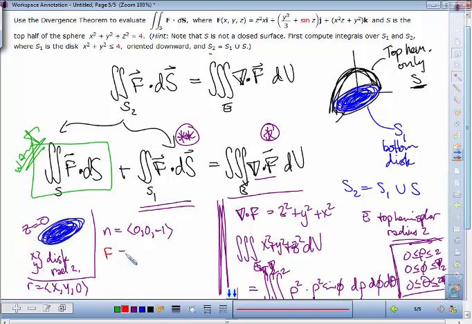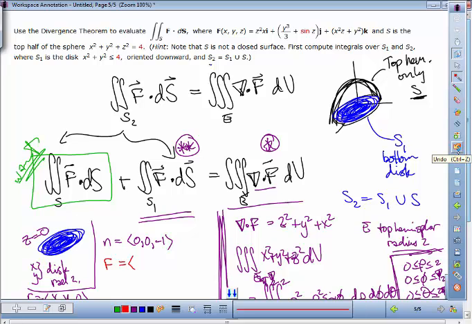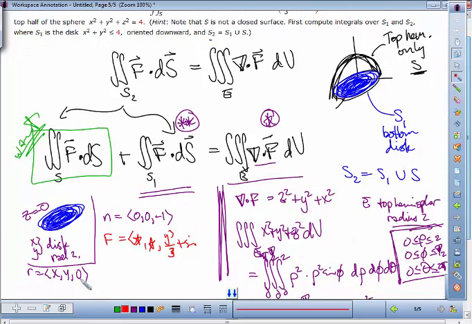And so if we look ahead to our function that we're eventually going to dot with n, the first 2 components of n are 0, so I know when I dot that, I'm not going to get anything out of it, so I'm not even going to bother computing that. But the last one I will need, so let's figure out what the last one is. The last one is y cubed over 3 plus sine z, where z in our parameterization is equal to 0.